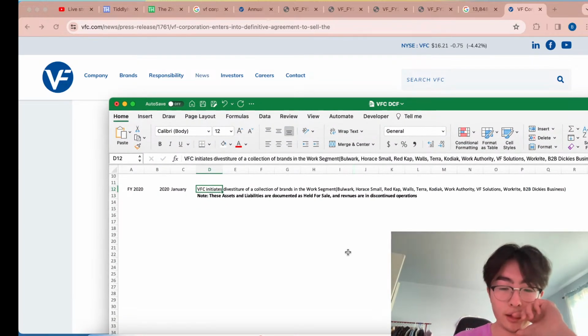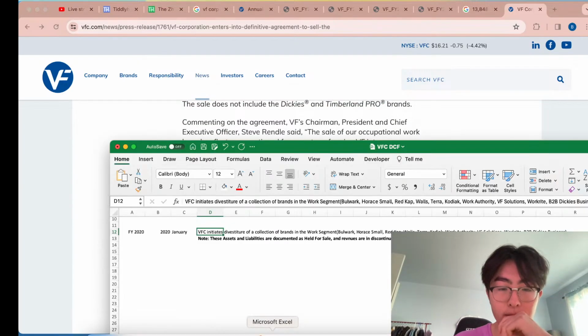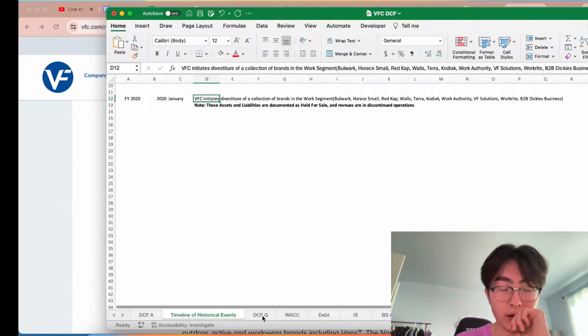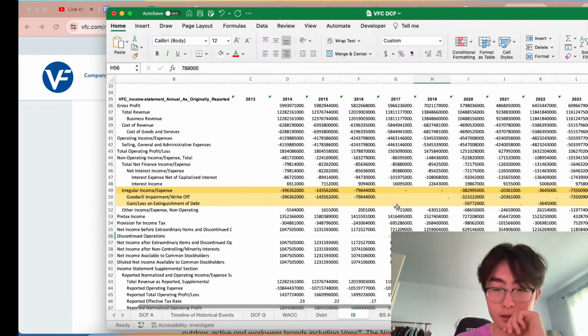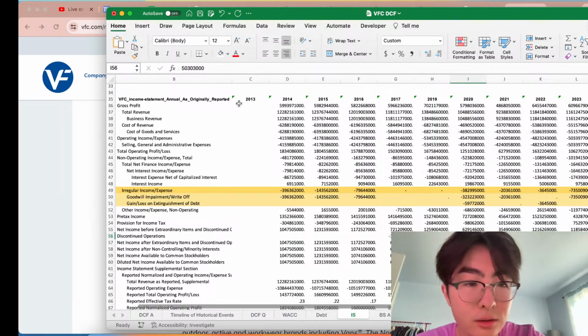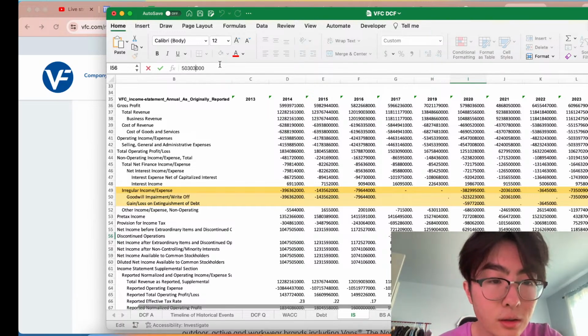Okay, so I think this is maybe where the income statement is. So what is this? 150 million.